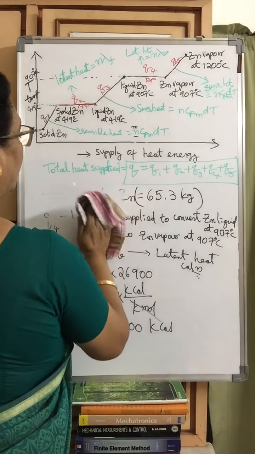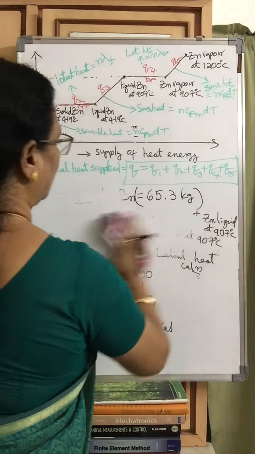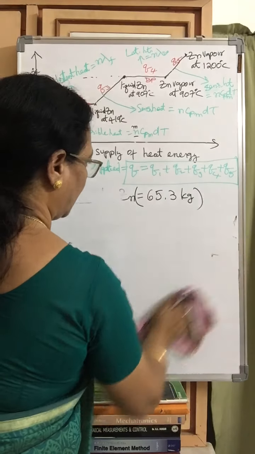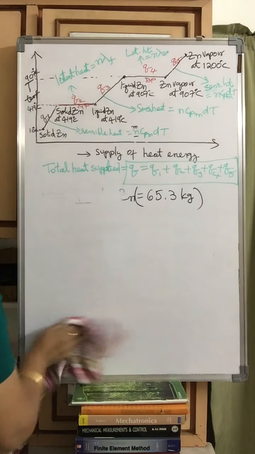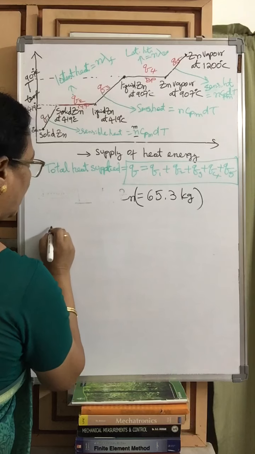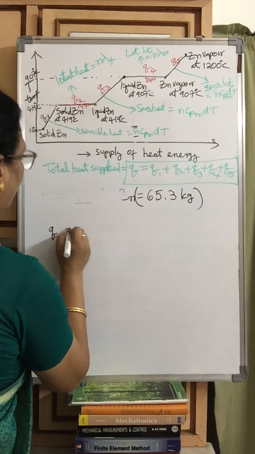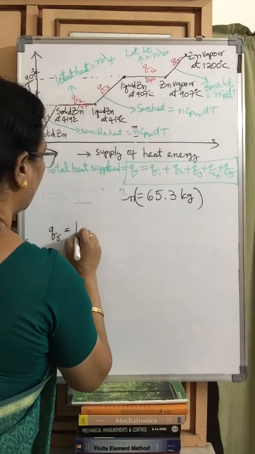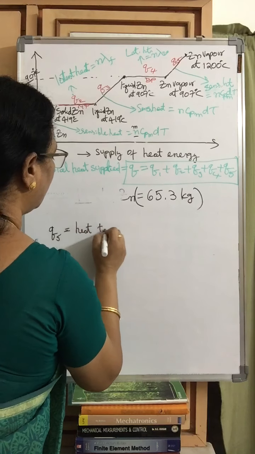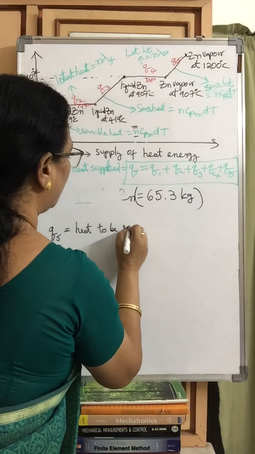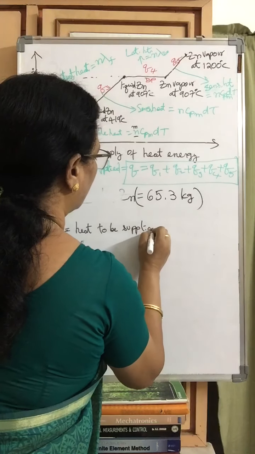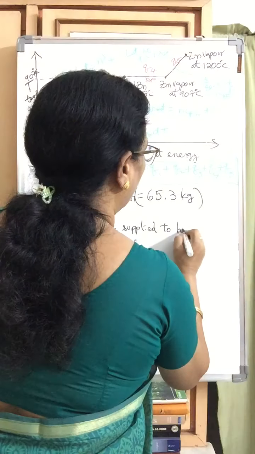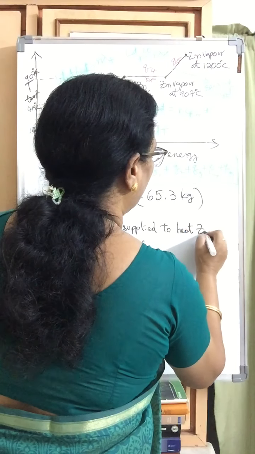Next, Q5. What is Q5? From here to here. Q5 is the heat to be supplied to heat zinc vapor.